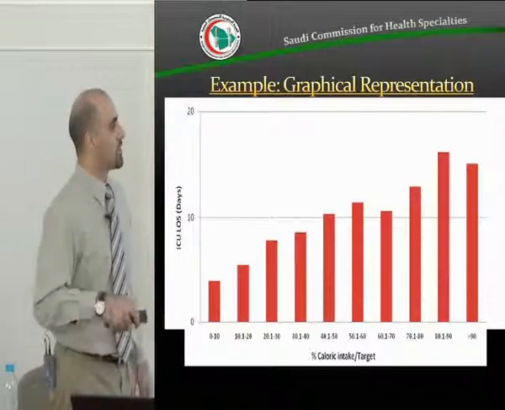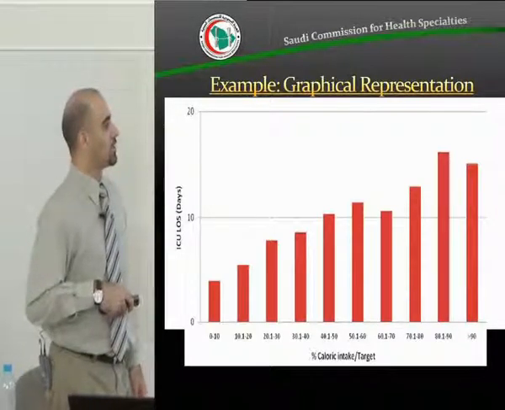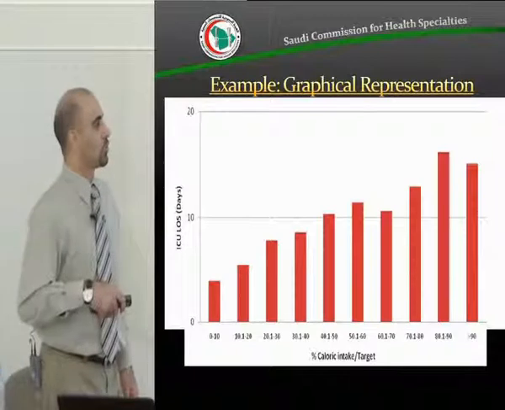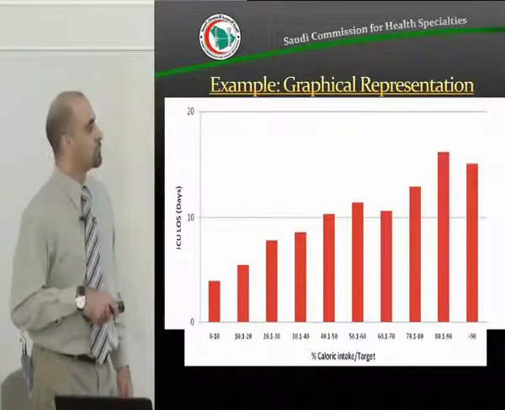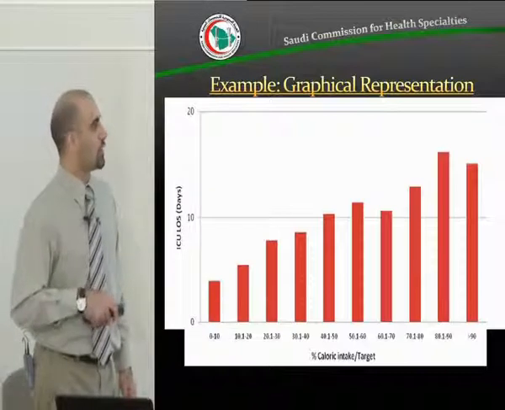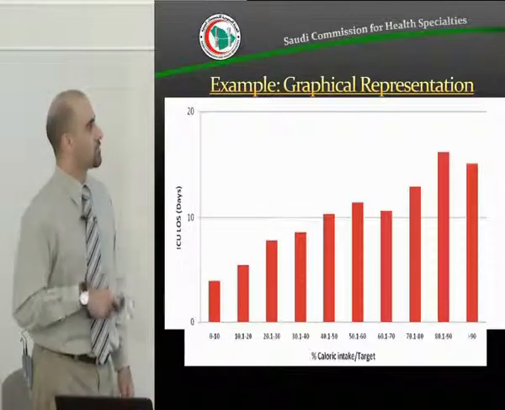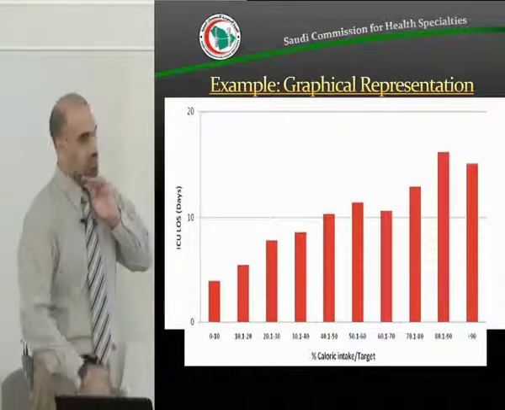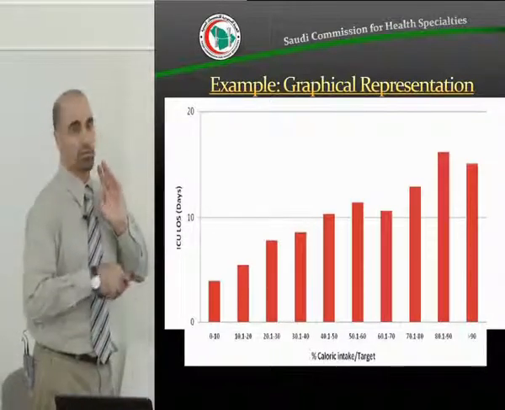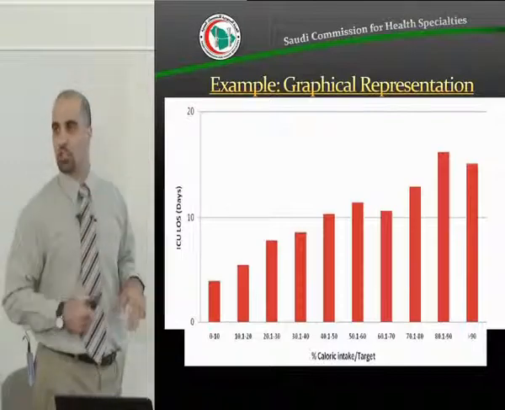So here is the variable, which is divided 0 to 10, 10 to 20, 20 to 30. These are categories. This is why there is a space between each one of them. And this is the ICU length of stay. So this is a bar chart.